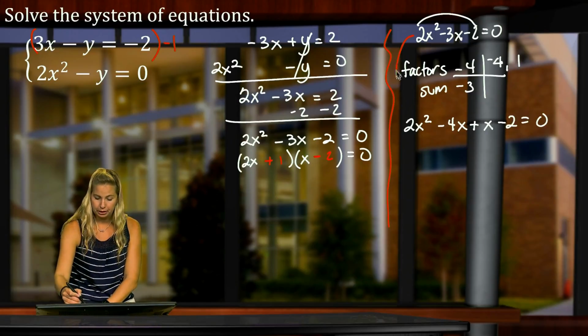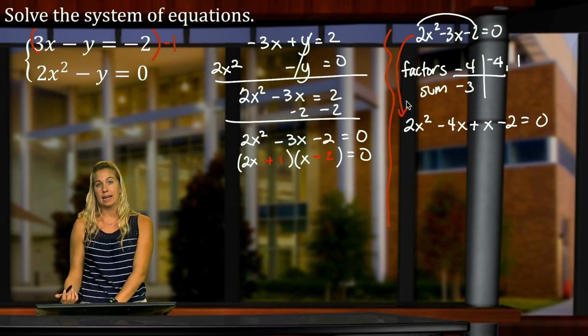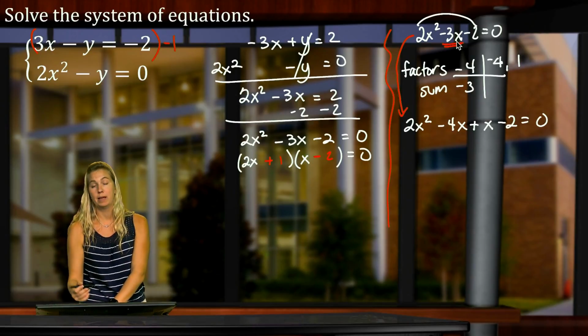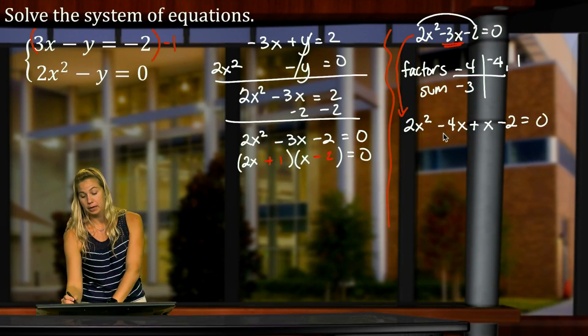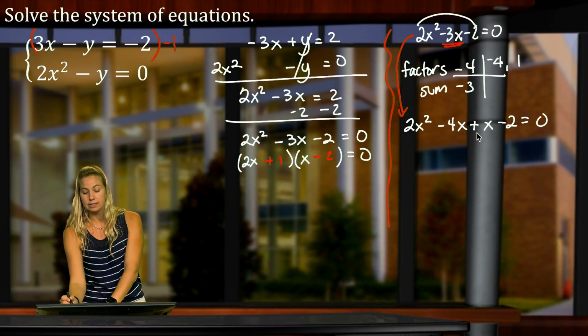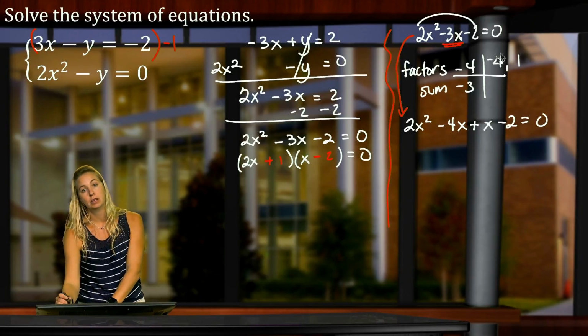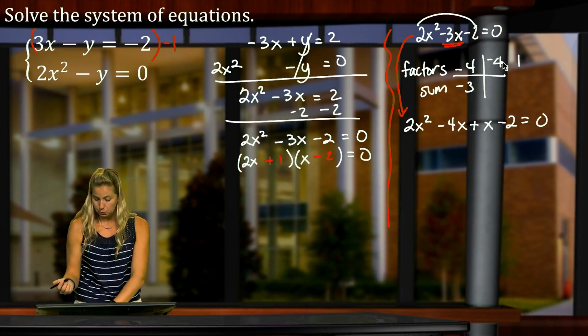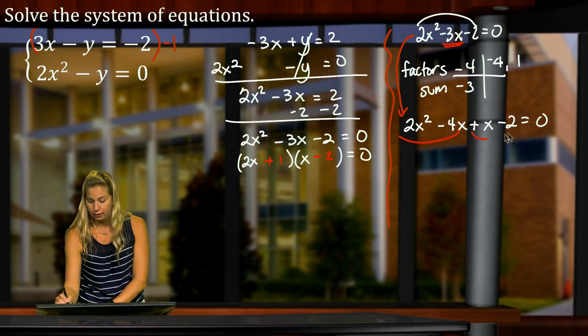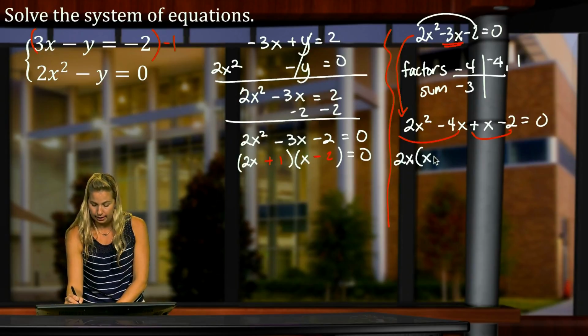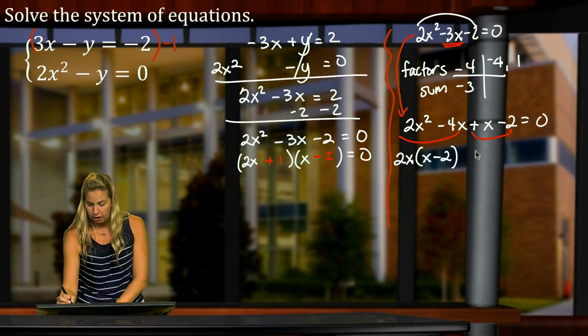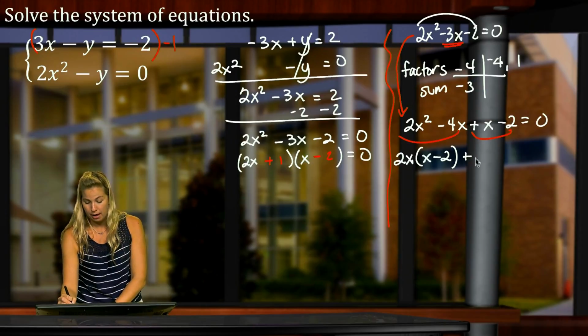Notice what I did from here to here. It's the exact same quadratic, but I took that middle term, that -3x, and I split it up as -4x plus x, and those coefficients, the -4 and the 1, came from these factors right here. At this point, we're going to factor by grouping. I can factor a 2x out of the first. I'm left with x minus 2. Over here, I can only factor out a positive 1.